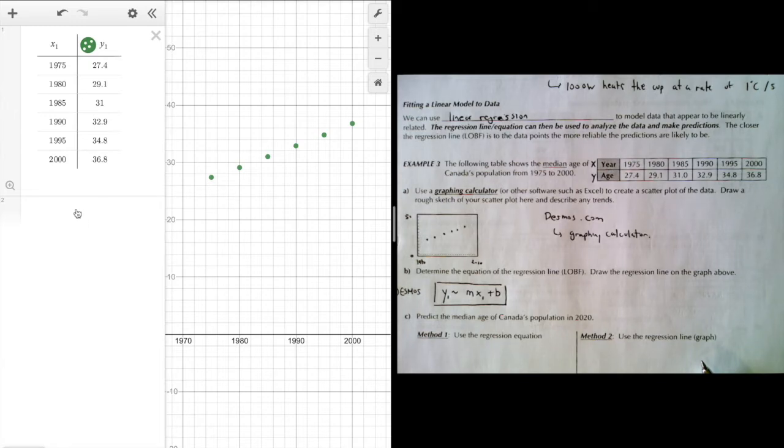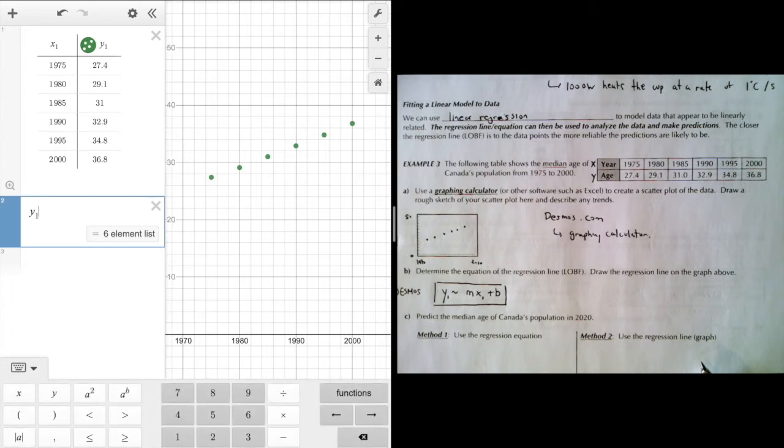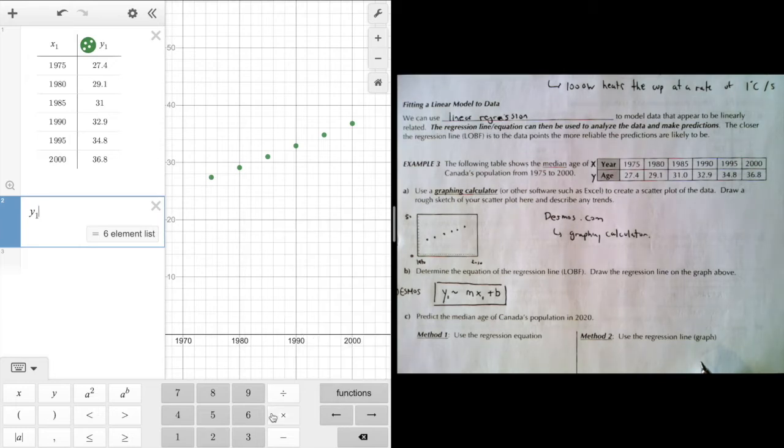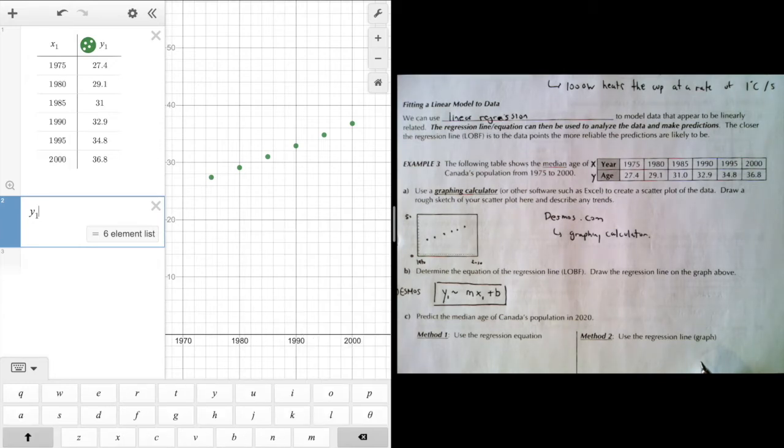So to enter our equation into Desmos, we click down here to get a new line, and we start y1, and then to find the squiggly line, we have to go to the keyboard, and we have to go to ABC. There we are.